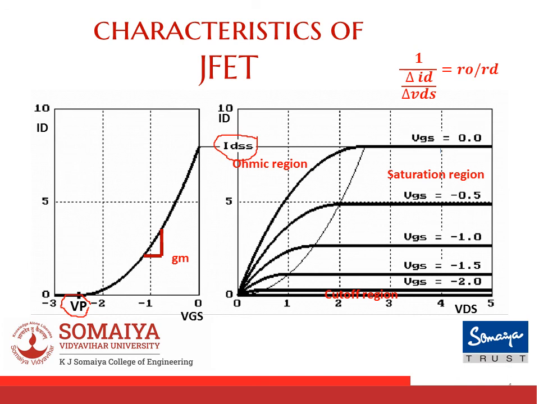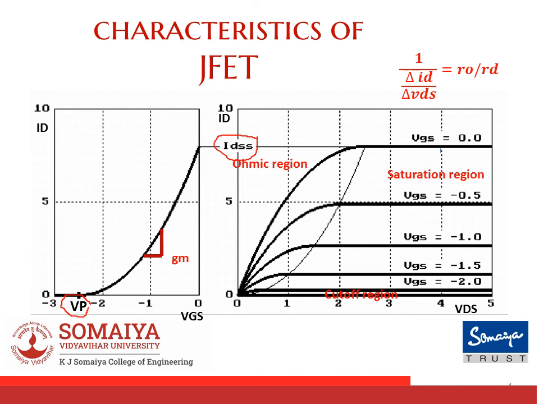So I call it the linear region when my VDS is less than VGS minus VP. When my VDS is greater than VGS minus VP, VDS has very little control on current ID and you have an almost straight curve. The characteristics are very similar to my BJT in common emitter mode.